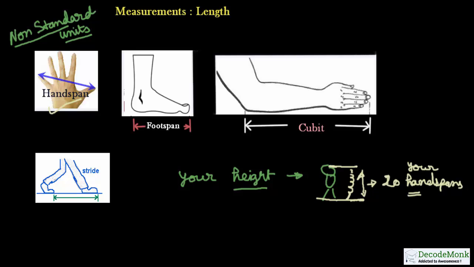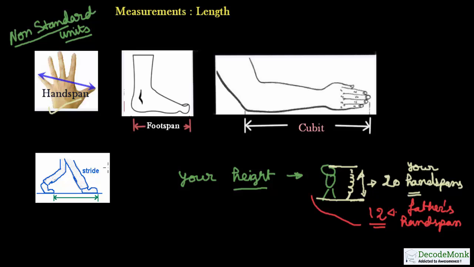Now that same distance, if measured with your father's hand span, may be equal to, say, 12 hand spans. So the same distance, measured with different hand spans, comes out to be different figures. With your father it is 12, with your hand span it is 20.